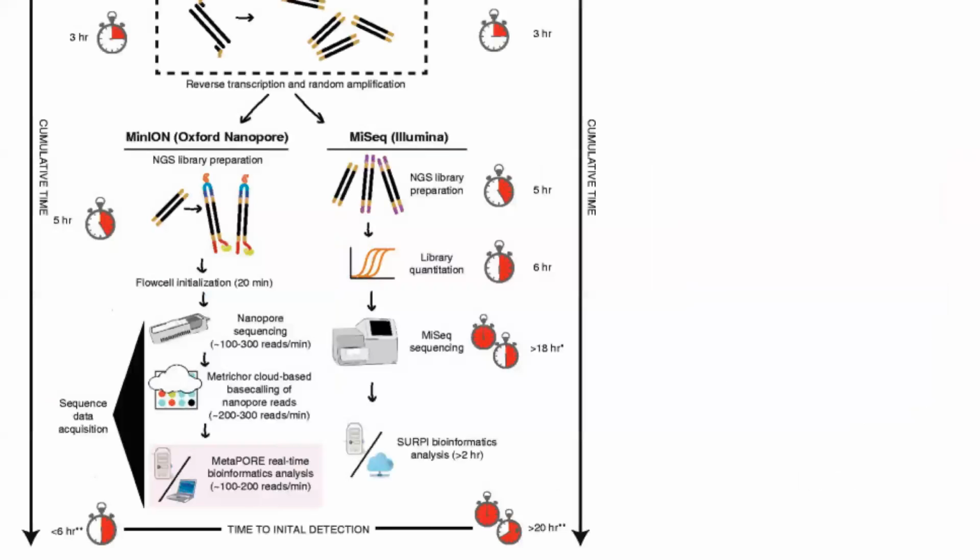Now, another benefit of some of these newer technologies like the MinION is the time that it takes to produce a result. And so here's an example of a publication that compares how a protocol using Oxford Nanopore MinION compares to the MiSeq Illumina sequencing from the standpoint of time and from the standpoint of steps that you need to take to get to a final result.